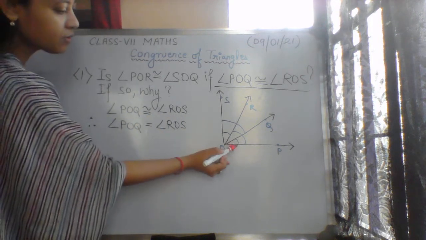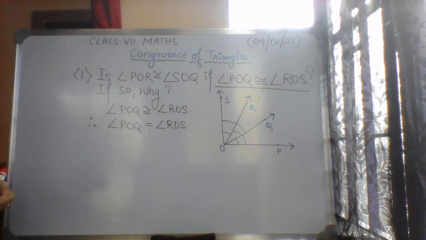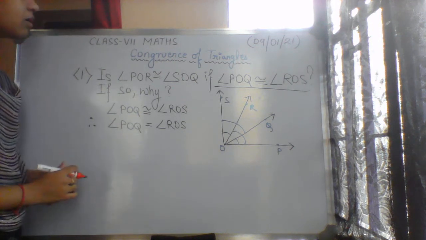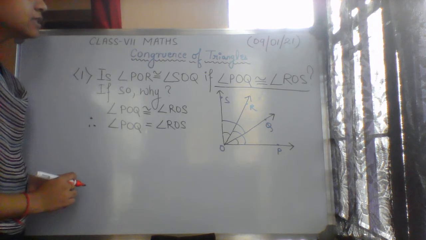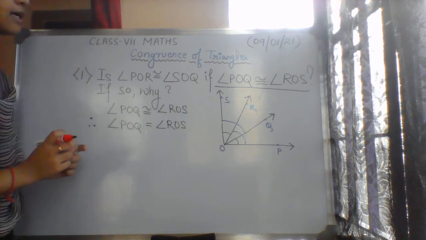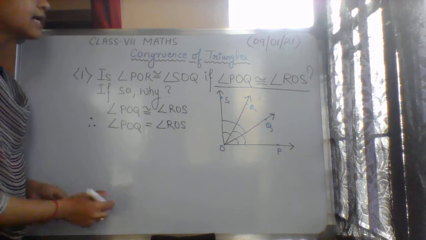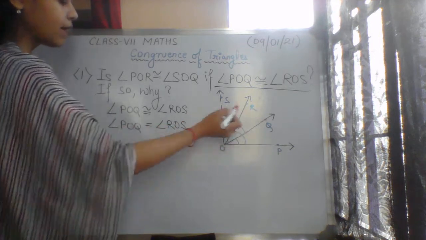Now we are going to add an equal angle on both sides. What is that? Angle ROQ.